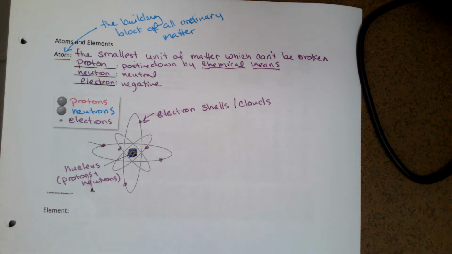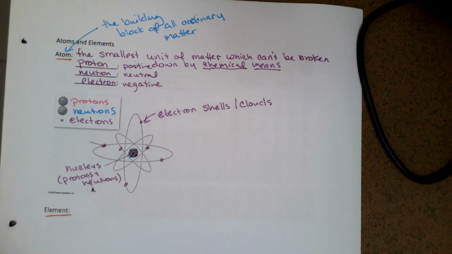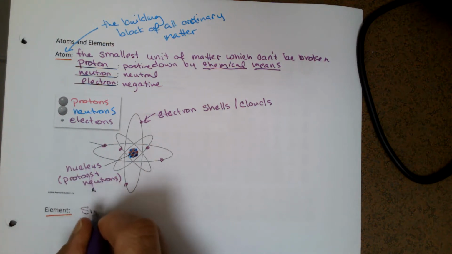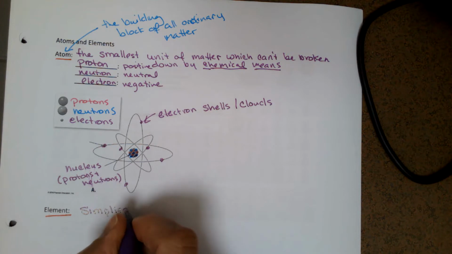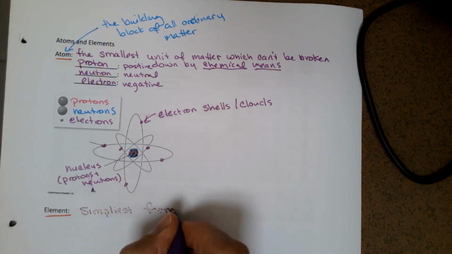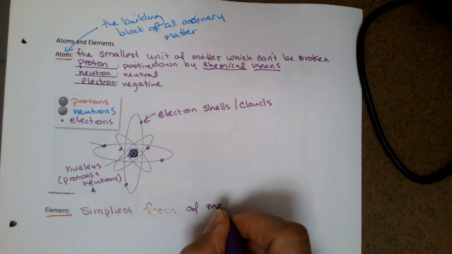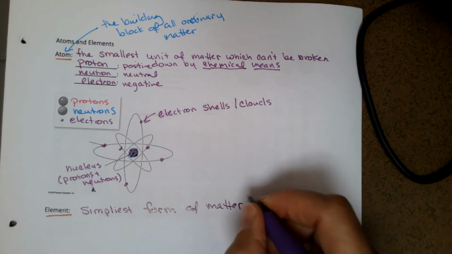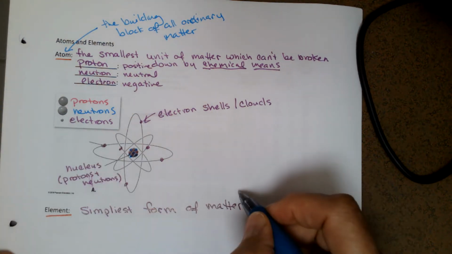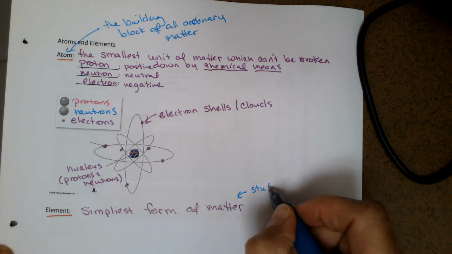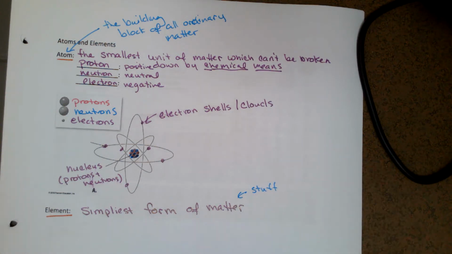So, what is an element? An element is the simplest form of matter. Matter being a very fancy word meaning stuff. For example, the universe is made of matter and energy. Matter is stuff. Energy is the ability to do stuff.